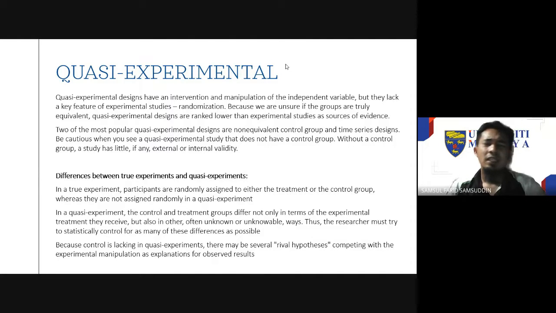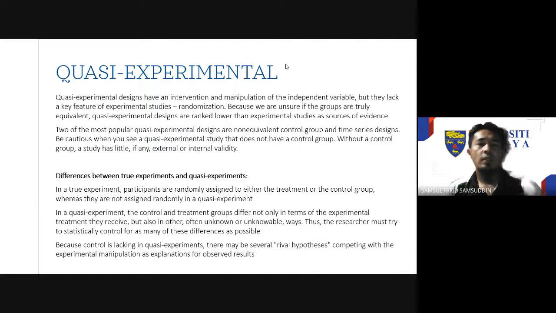So not only they use a different kind of respondent. For example, in the experimental design, you have to use similar groups or similar respondents. Okay, for example, you collect 30 respondents or 30 subjects to go through this module. So after 6 months, you come back to these 30 subjects, 30 respondents.